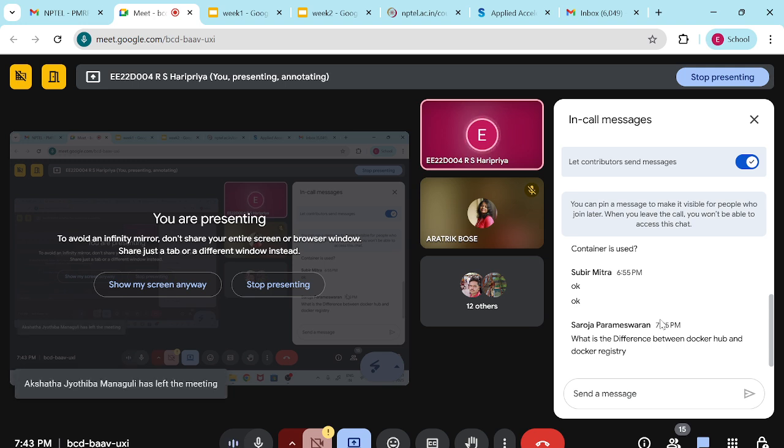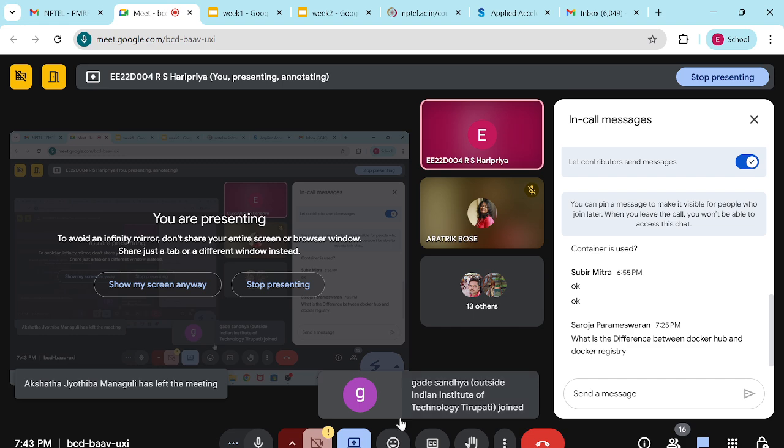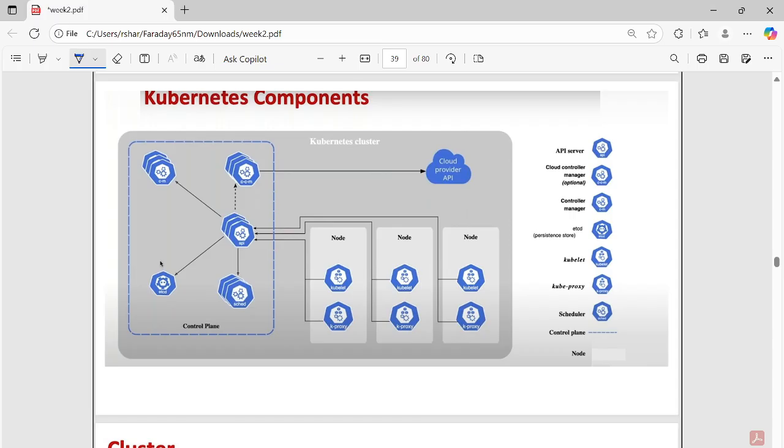What is the difference between Docker Hub and Docker Registry? Docker Hub is a public Docker registry service, whereas Docker Registry is the underlying open source technology that stores and serves the Docker images.